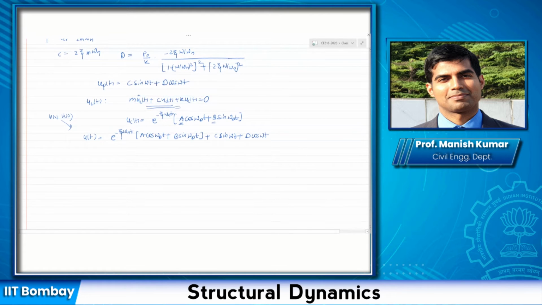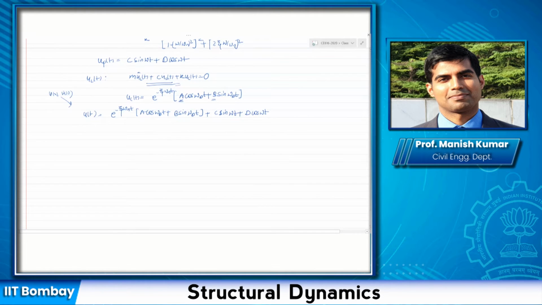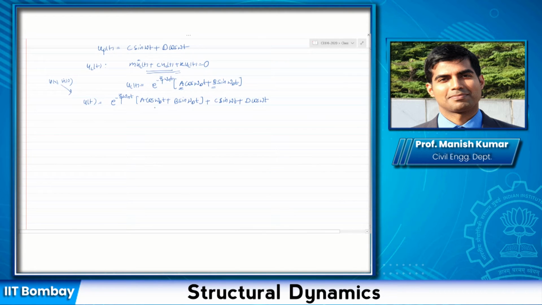All right, now if you again look at this solution u of t, you can see I again have two frequencies, omega d and omega, which is the forcing frequency. However, now I also have a damping term which is exponential to a negative power. And as time increases, this solution here becomes very small compared to the solution here, which is basically a sinusoidal oscillation.